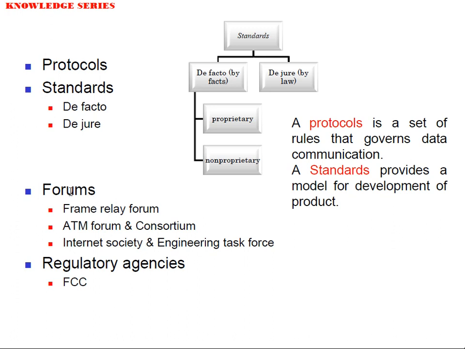That is what we can see in the case of a forum. There are three types of forum representations: Frame Relay Forum, ATM Forum and consortium, and the Internet Society and Internet Engineering Task Force. These are different attributes related to forums.